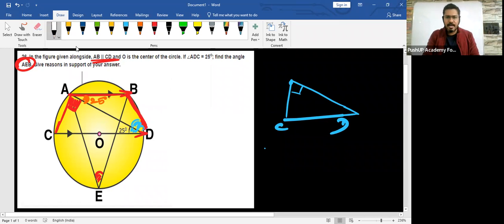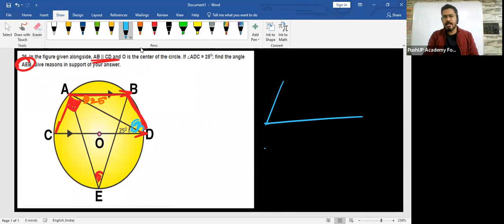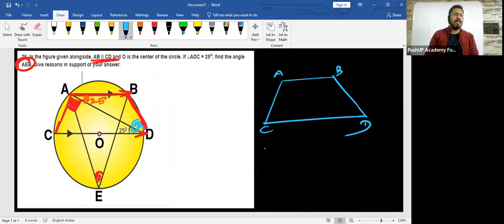So for that, I will draw only that required portion of the diagram. Please look at the board and learn it, Shazia. Let me take that cyclic quadrilateral ABCD. Just now, I showed you that this angle is equal to 90 degrees, because CD is the diameter of the circle, and the diameter subtends 90 degrees on the circumference.